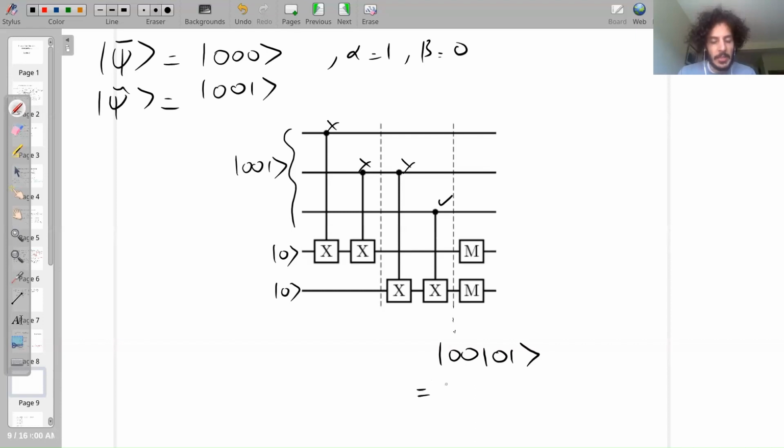A nice way of writing it down is to say that this is psi tilde and this is your syndrome. Then you measure the syndrome, and you get the value of S, which in this case is equal to 0, 1. Just as in the classical case, we will say that it is the third qubit which had an X error on it.